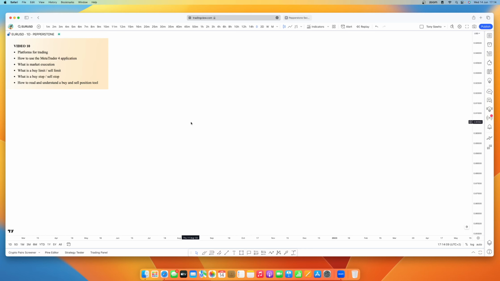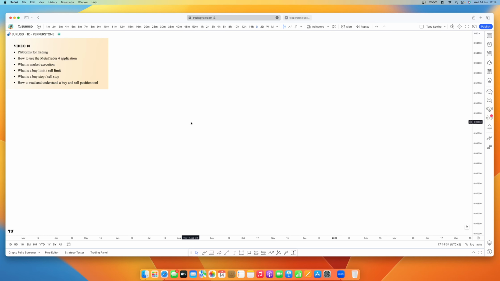You can see under there, I told you to download the MetaTrader 4. So this is where I'm going to be explaining to you how to use the MetaTrader 4 application. I'm going to switch over to my phone now and explain how to use it.